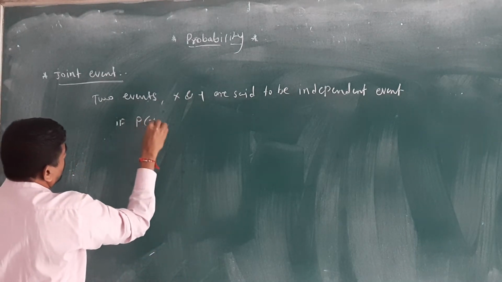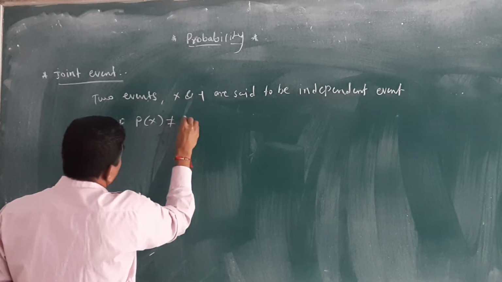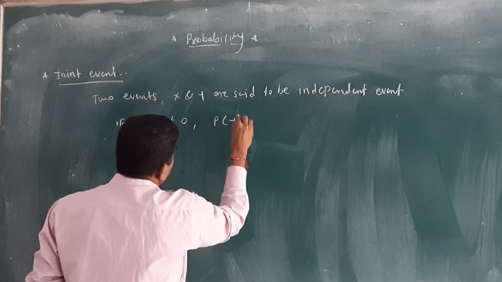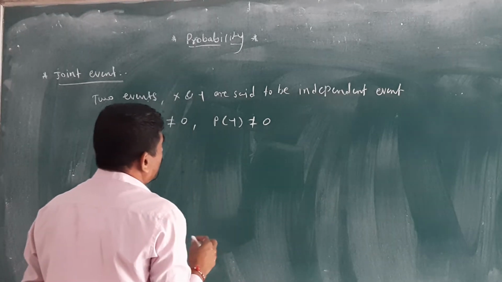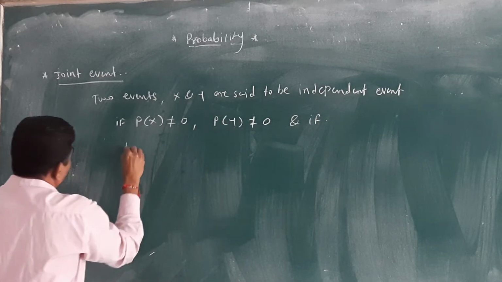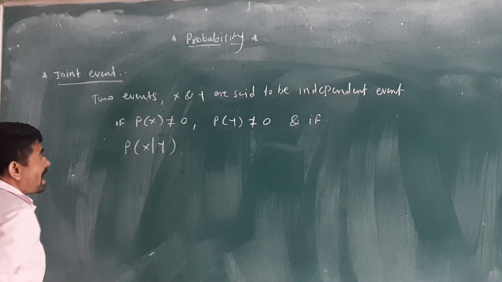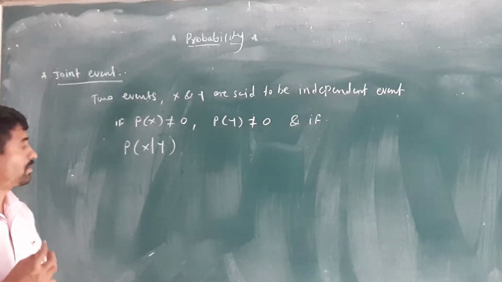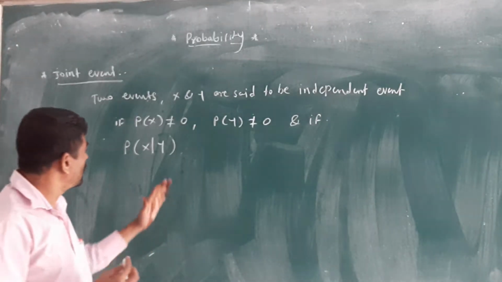if P of X, the probability of X, is not equal to 0, okay, and P of Y, the probability of Y, is not equal to 0. Okay, and one more possible condition: if P of X given that Y, this vertical line is said to be 'given that', okay, meaning Y has already occurred.